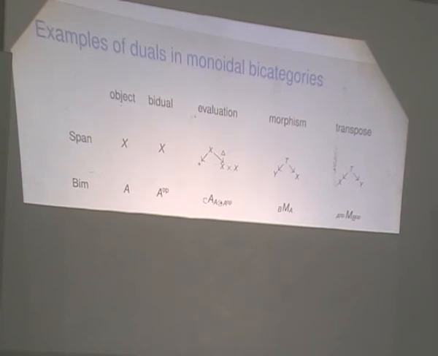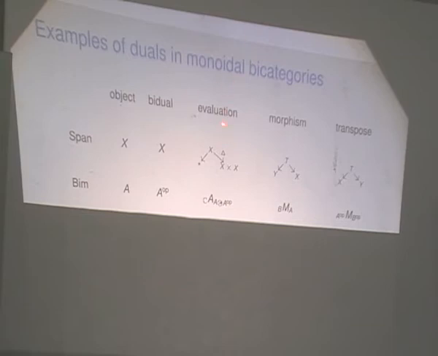Okay. So with bimodules, the objects are just algebras, and the dual in this sense is the opposite algebra. It's the same vector space, but you reverse the multiplication, so x times y is now defined to be what used to be y times x.